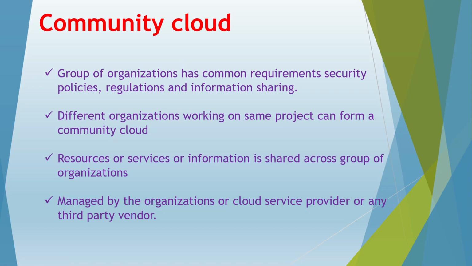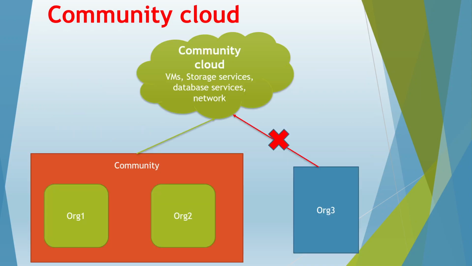In the earlier architectures, we have seen that the public cloud is managed by the cloud service provider like AWS, and the private cloud is managed by the enterprise, the customer or the organization.